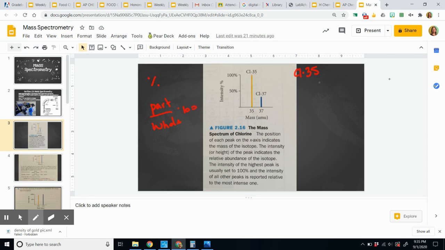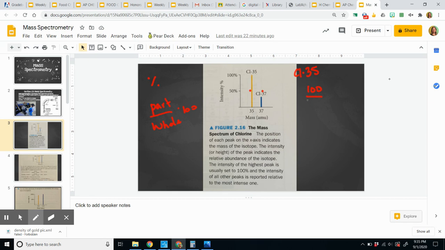So for chlorine 35, the part that is 35 is 100% intensity over the part that is chlorine 37 plus the part that is chlorine 35. So I would estimate that this is about, let's say, maybe 45 or 40.